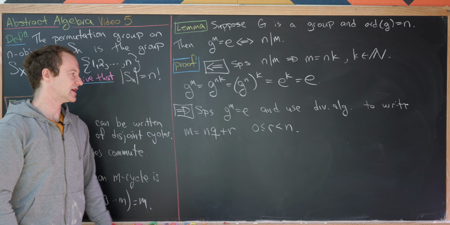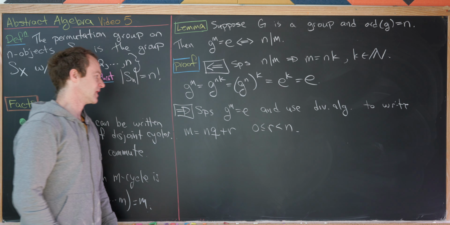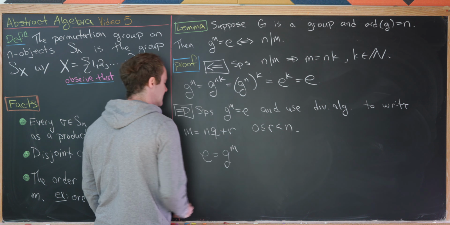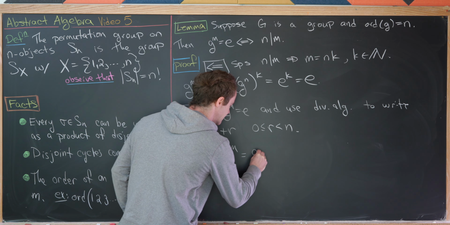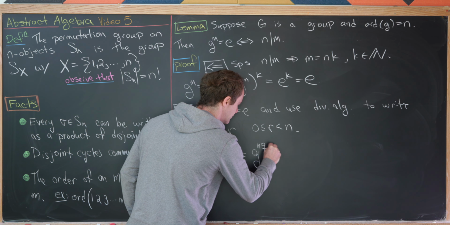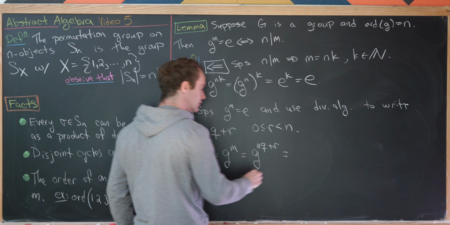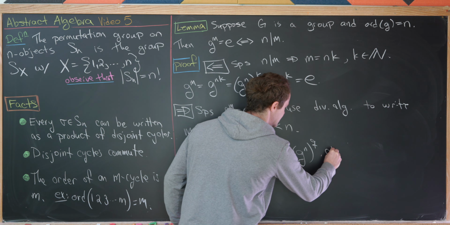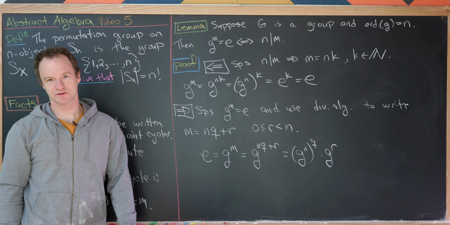So like I said, that's the division algorithm. Now let's look at the identity, which is equal to g to the m by our assumption, which is equal to g to the nq plus r, which is equal to g to the n to the q times g to the r by exponent rules.